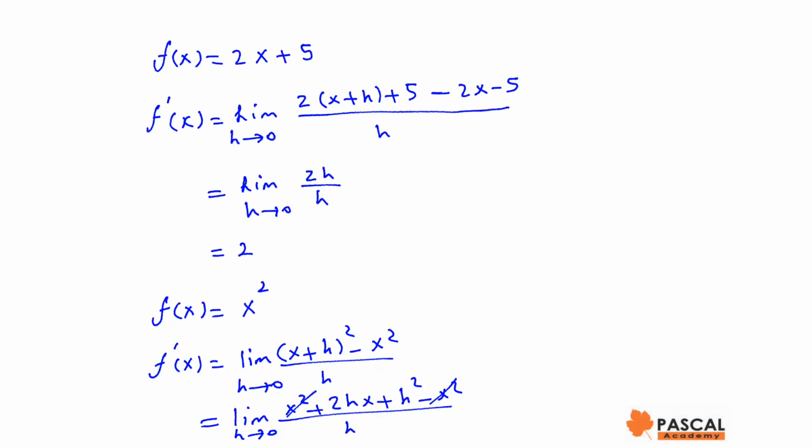This can be written as the limit of h times 2x plus h over h as h approaches 0. We reduce the fraction and we replace h with 0, we get 2x. This means the derivative of x squared is 2x.